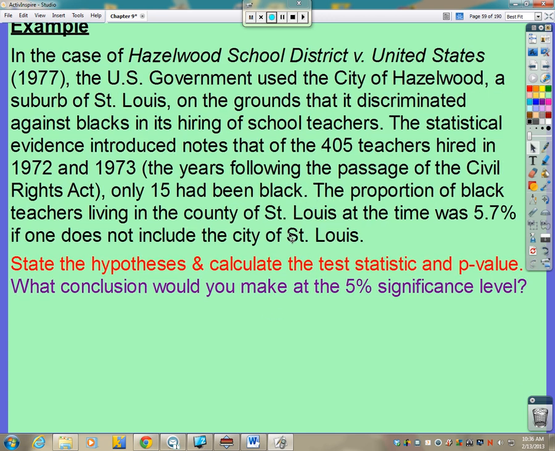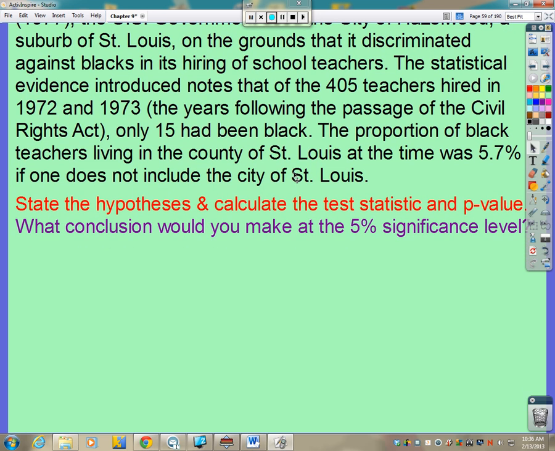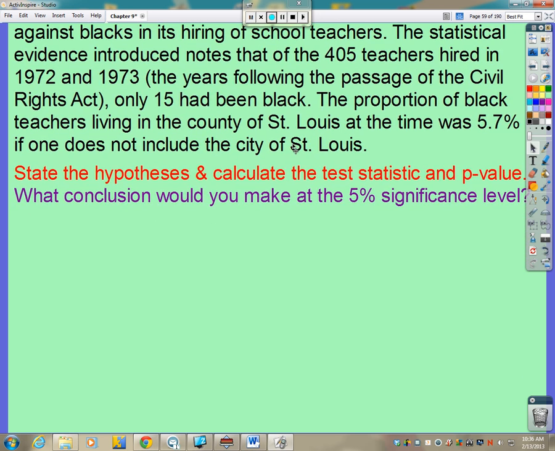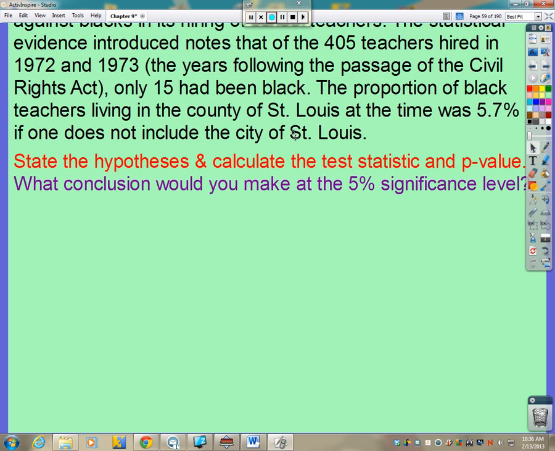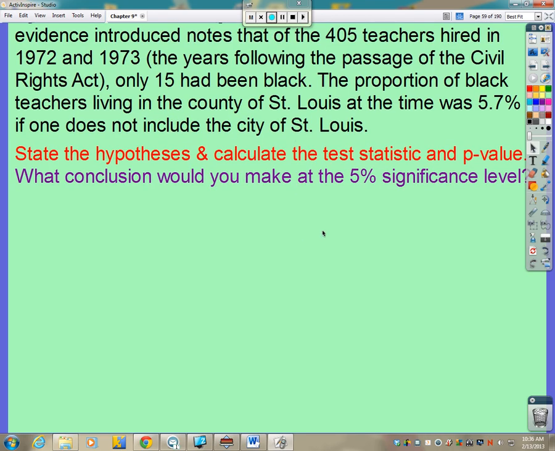Okay, so I'm going to scroll this up a little bit so I can get some extra room here and leave all the important information up here. About right there is what we need. So the null hypothesis is that the proportion is 5.7%. We'll write it as a decimal here. We think the proportion of black teachers hired should be the same as those living in the county.